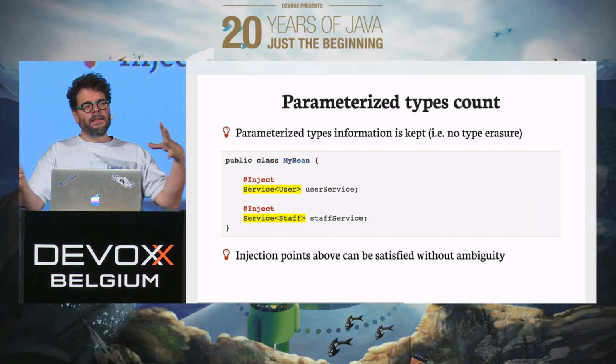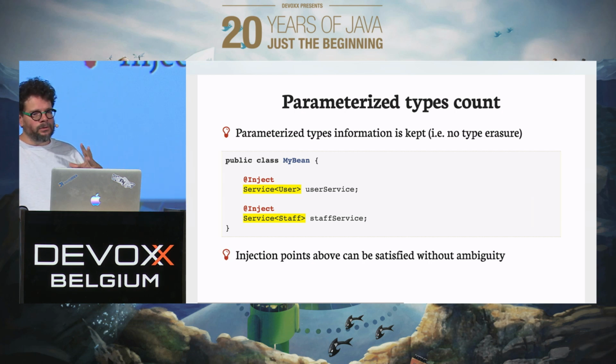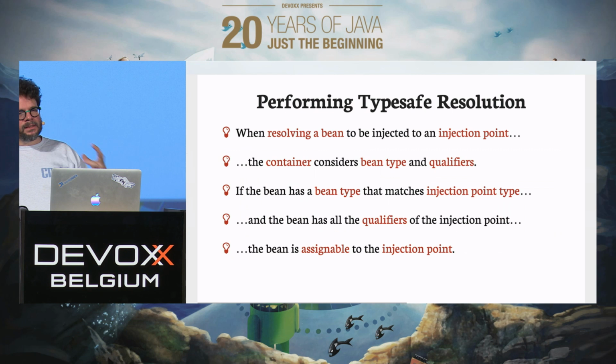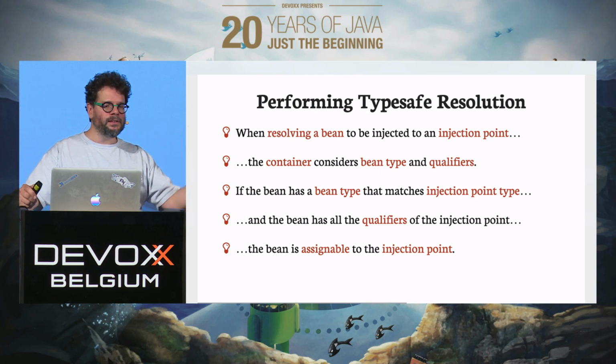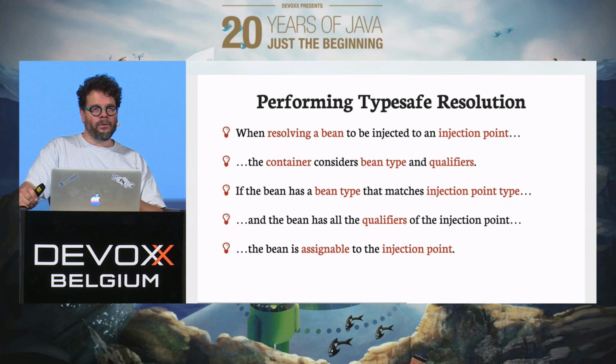So if we put all this information together, when CDI performs a type-safe resolution, so when we try to resolve a bean for a given injection point, the container will take into consideration the bean type and qualifiers.